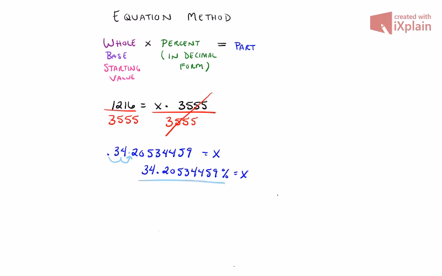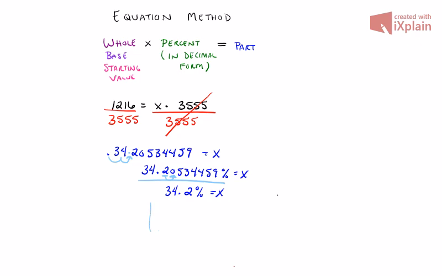This is a little bit long and messy, so I'm going to round to the nearest tenth of a percent. My final answer here should be 34.2, or 2/10 of a percent. Because if I want to round to the tenths place, I look at the number right next to it, and since it's a 0, that tells me to keep the 2 as is.